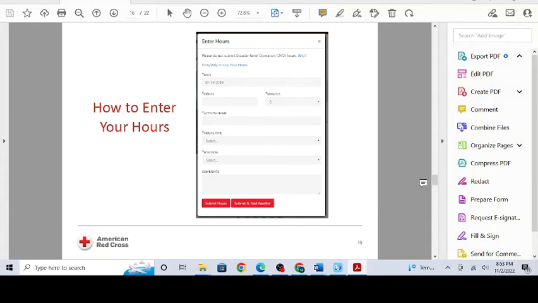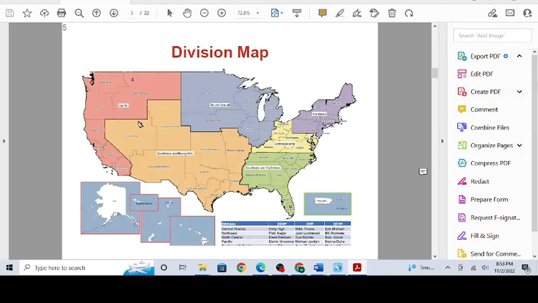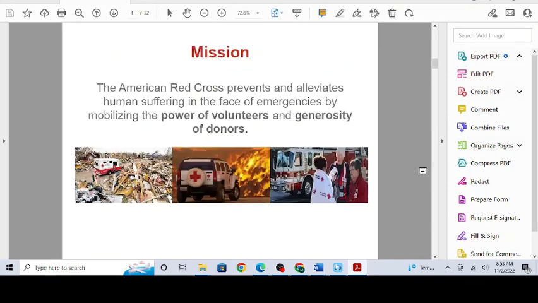A second reason that we find volunteer hours to be important is, as we talked about earlier in this presentation, the importance of the generosity of donors. Both the volunteers and the donors are very important to the American Red Cross.